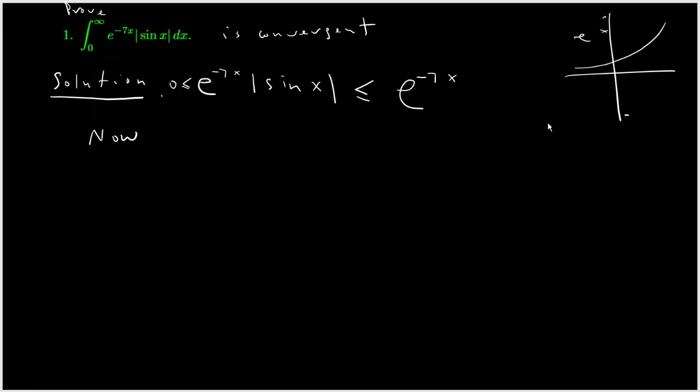Now you need to show the integral of e to the power of -7x is convergent. I'm going to do that in one step, to save some space and time. Again, we make the function a little bigger, so not too big. We want to show the bigger function is convergent.